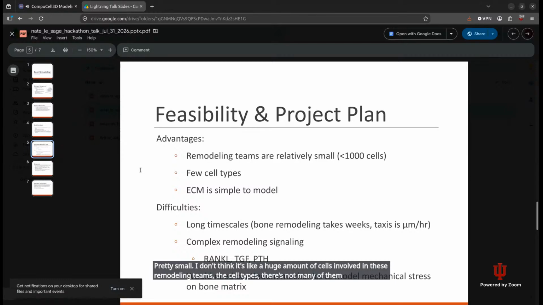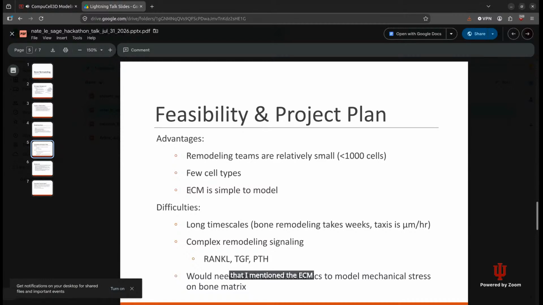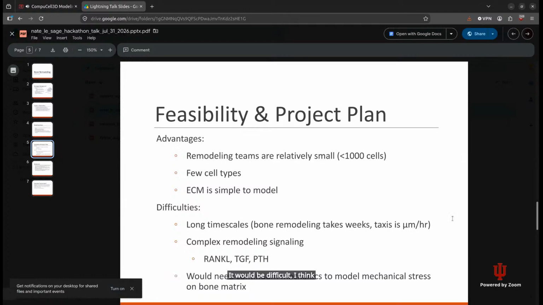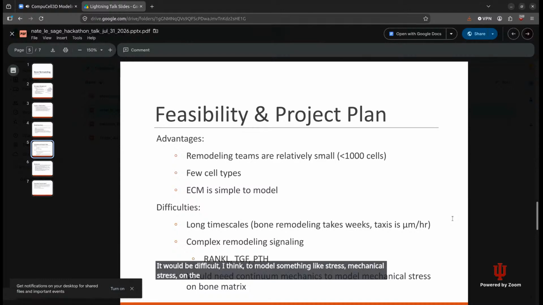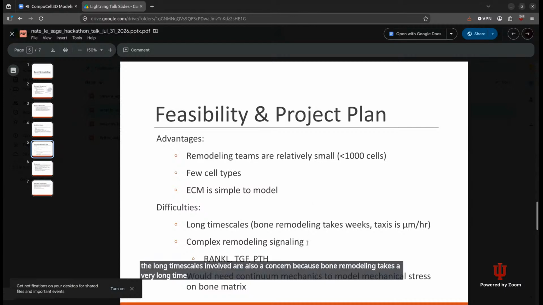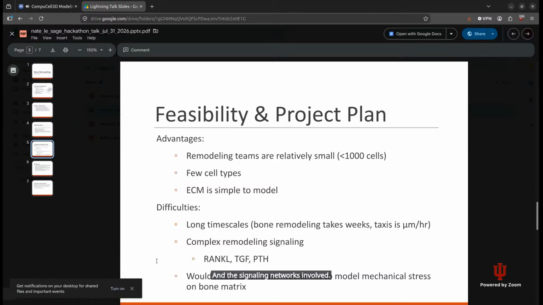It's mostly just the two that I mentioned. The ECM is static, so it would be simple to model, but it would be difficult, I think, to model mechanical stress on the bone unless you use something like continuum mechanics. The long time scales involved are also a concern, because bone remodeling takes a very long time. And the signaling networks involved might be very complicated. I'm not really sure.